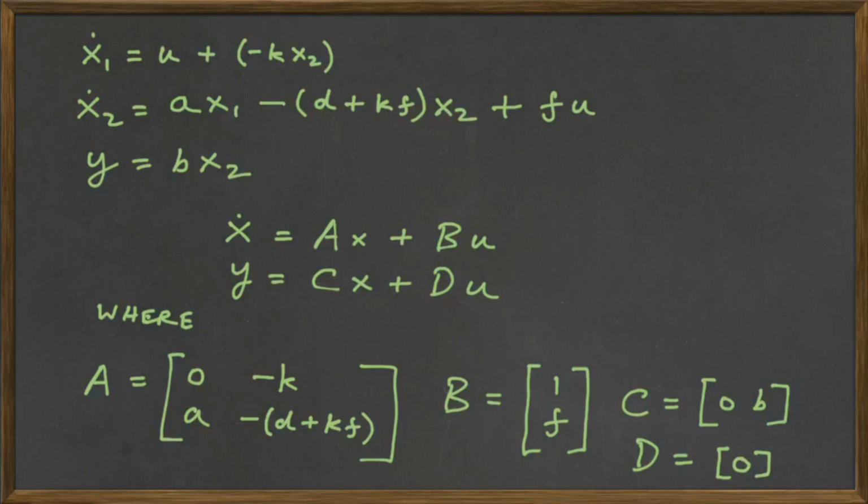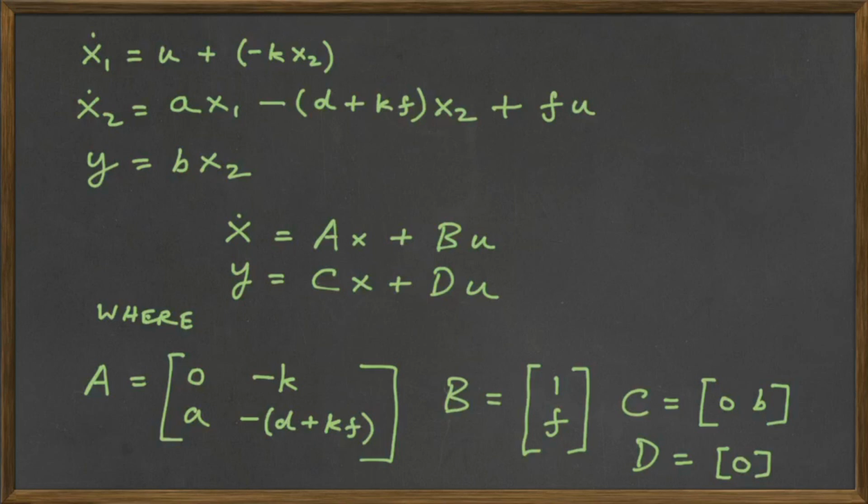This is no different than when we are using Cramer's rule to solve linear simultaneous equations. It's the same principle. So now over here, what about the B? Well, the 1 at the top for the B tells us that we have u for the x1 equation, and we have f times u for the second equation.